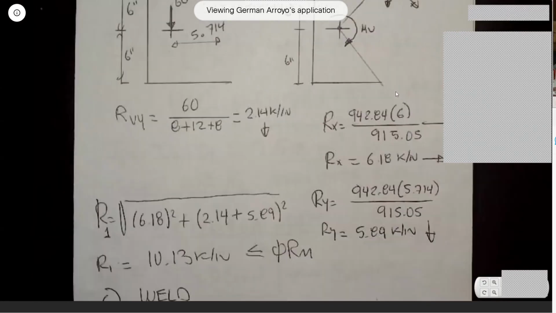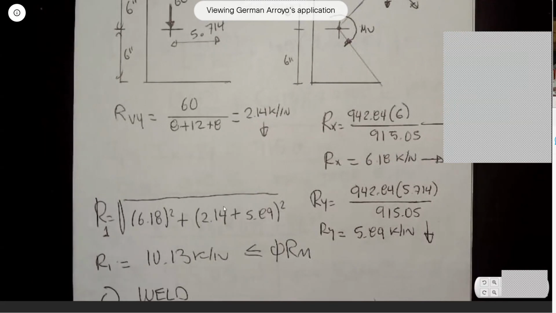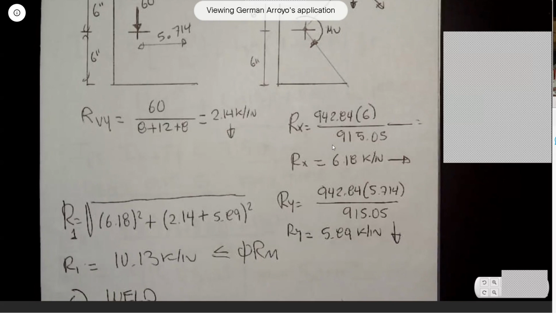So the resultant force per inch at point 1 is 6.18, the component in X squared, exactly the same way that we did for welds. 6.18 squared, the component in X, plus all the components in Y, 2.14 and 5.89 squared.